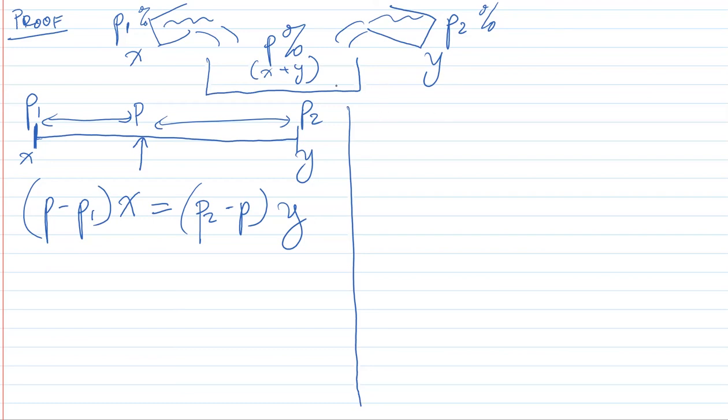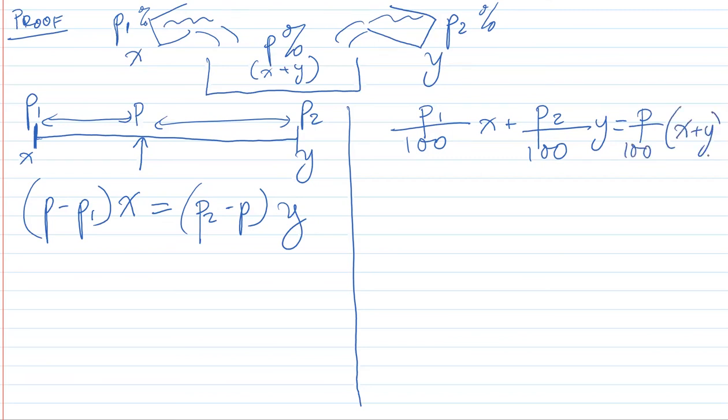The algebra method is I take P1%, so that's P1 over 100, times X plus P2%, so that's P2 over 100, times Y, and I get P%, so that's P over 100, times the quantity, which is all of X plus Y. All right, so first of all, I'm gonna multiply both sides by 100, so all the denominators go away.